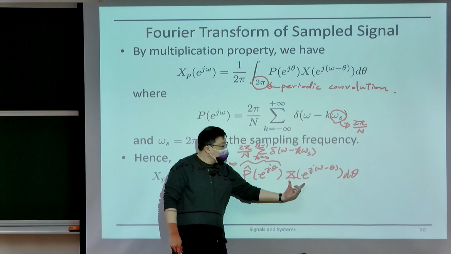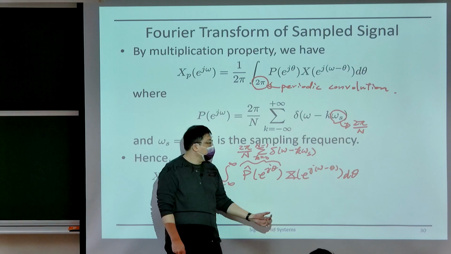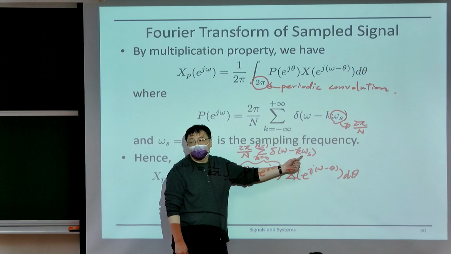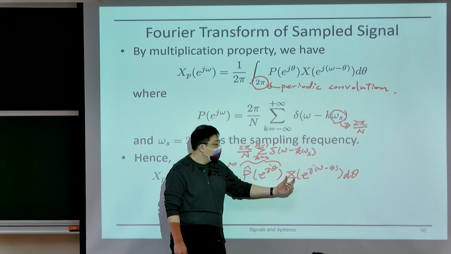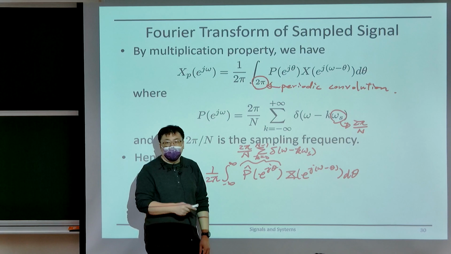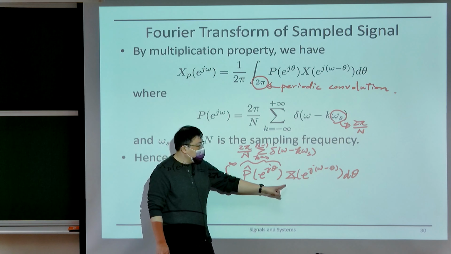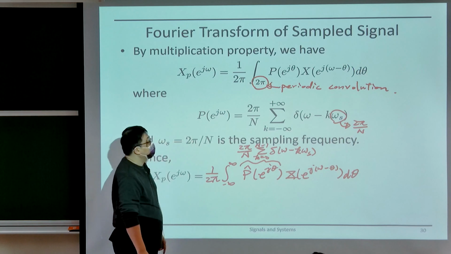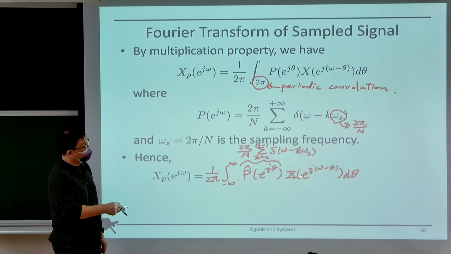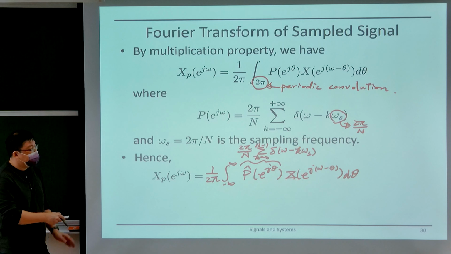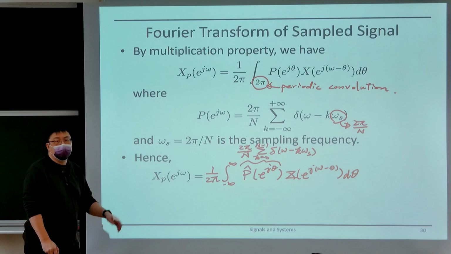When we convolve with this x, it moves x to the position of each one of these impulses. But you have to be careful because x here is by itself periodic, because x is the Fourier transform of a discrete time sequence, and a discrete time sequence's transform is always periodic with period 2 pi.